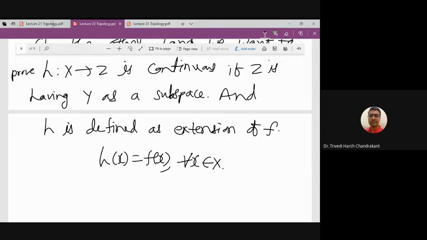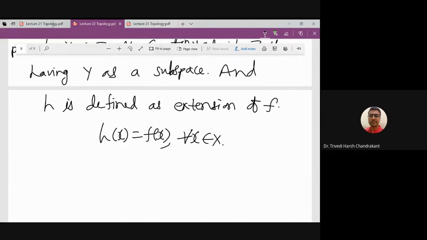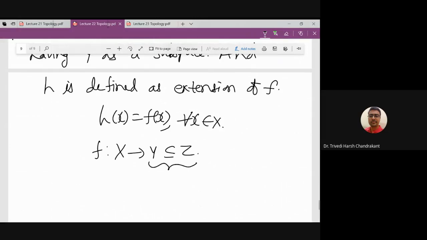Now, what we are doing is basically I have f from X to Y, and then Y is a subset of Z. Whenever we have a subset, we basically get an inclusion function.